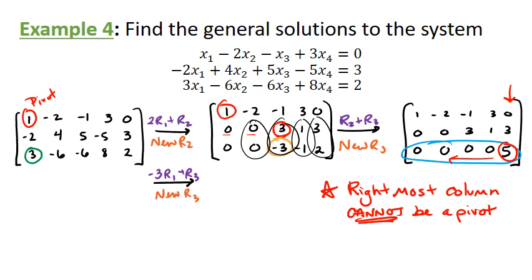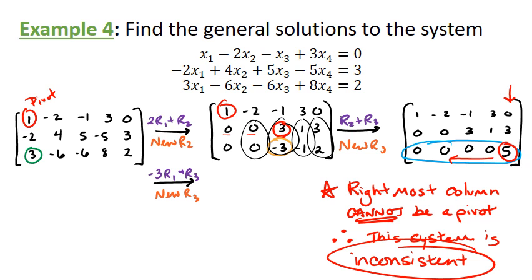Otherwise, you get 0 equals some number. Therefore, this system is inconsistent and does not have a solution. Okay, so if you find that the rightmost column is a pivot, there is no solution and the system is inconsistent. This concludes section 1.2.